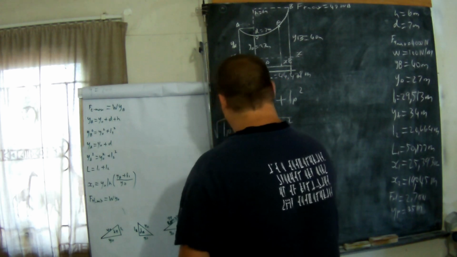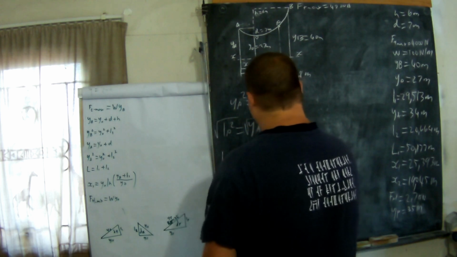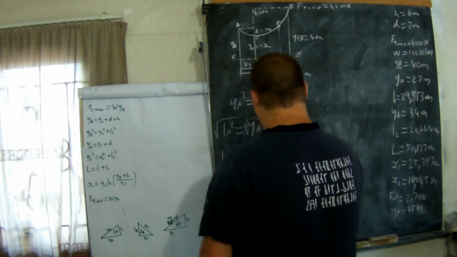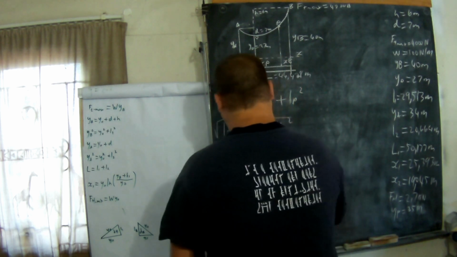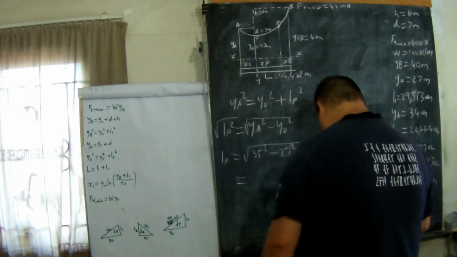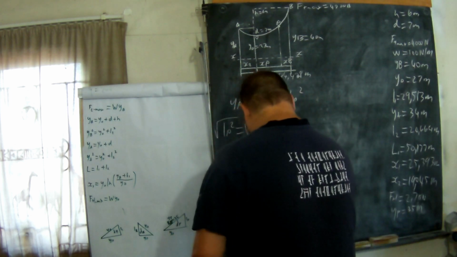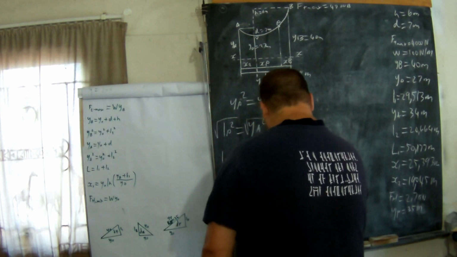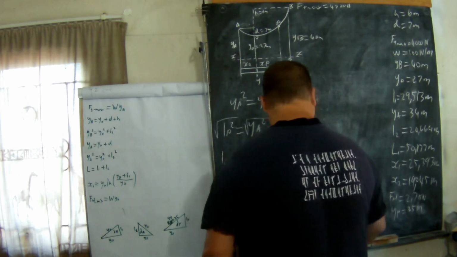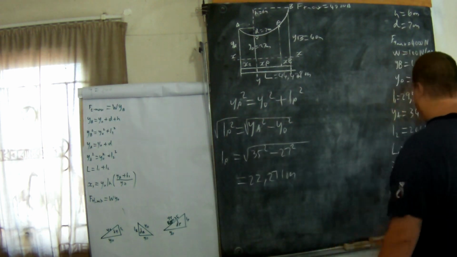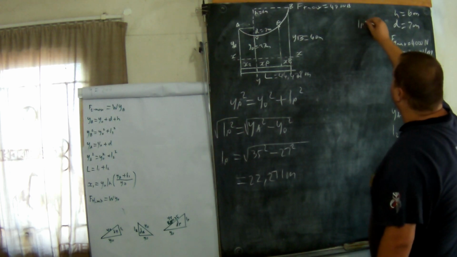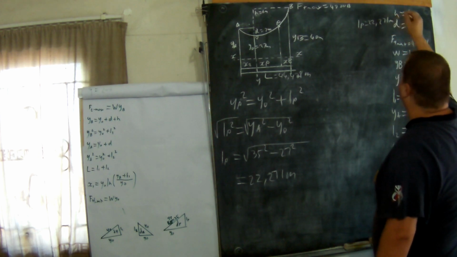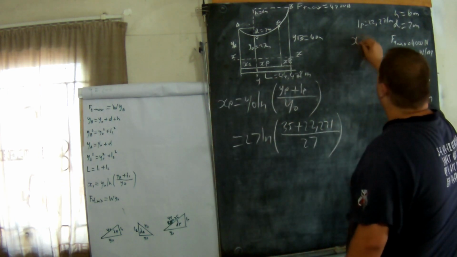So LP is equal to the square root of 35 squared minus 27 squared, and that is equal to 22,271 meters. So LP is equal to 22,271 meters. Put it in the calculator.